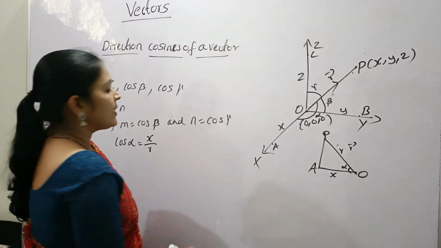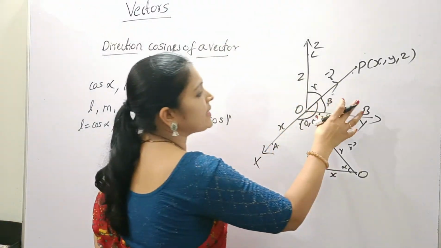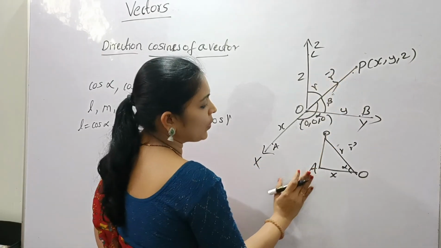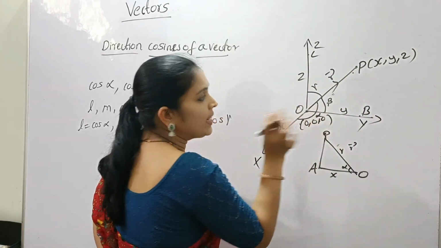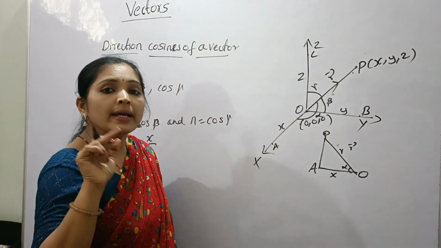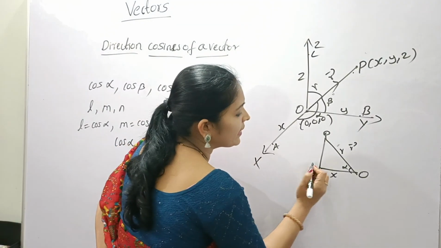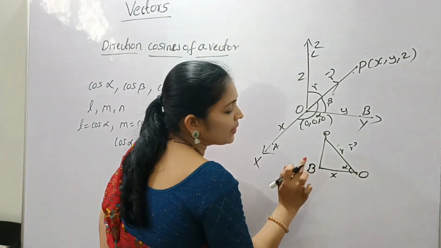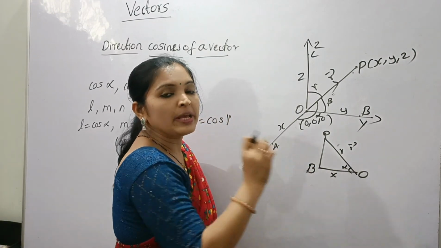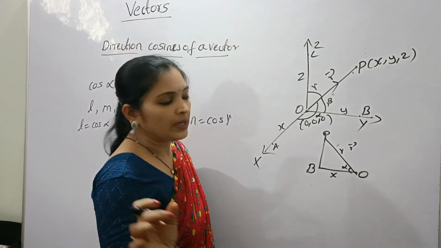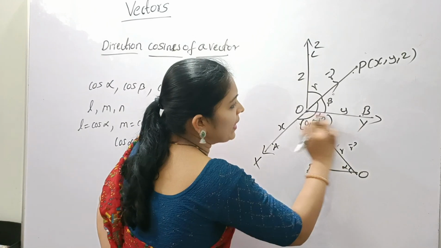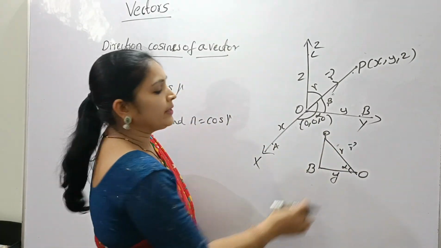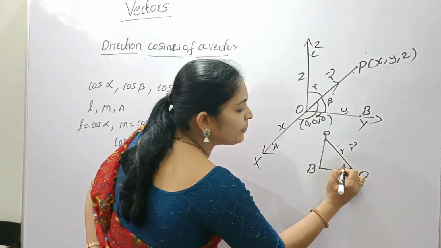Next, let's consider the triangle OBP, right angled at B, which means the angle at B is 90 degrees. Here the length OB is nothing but Y, and the hypotenuse is R. The angle here is beta.